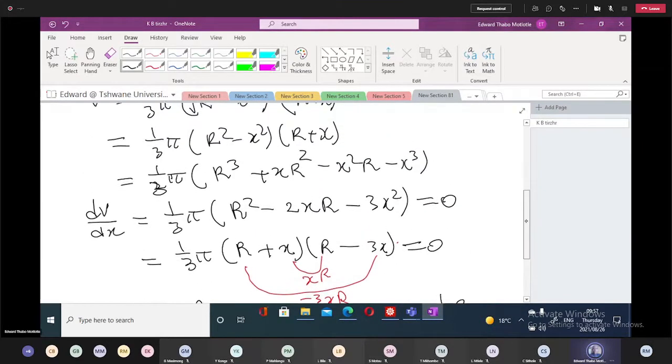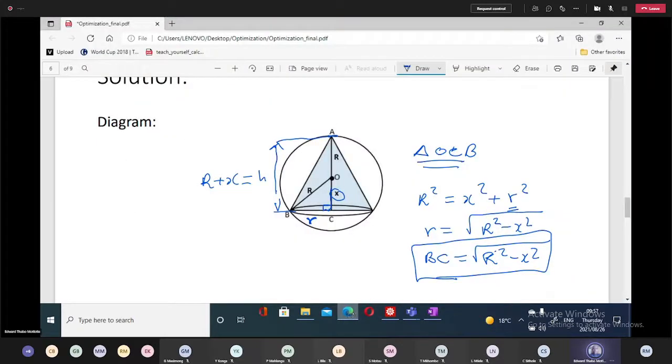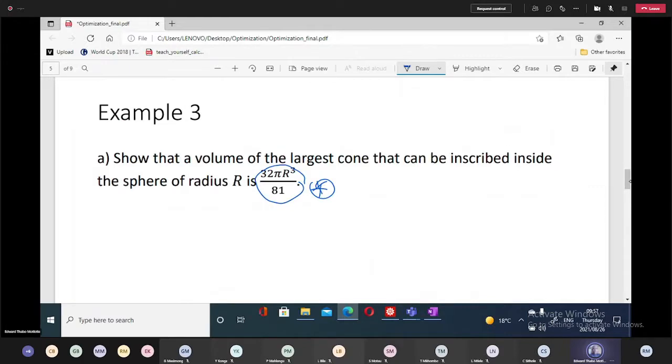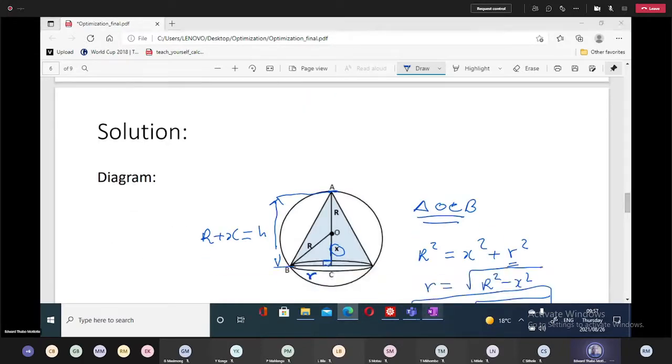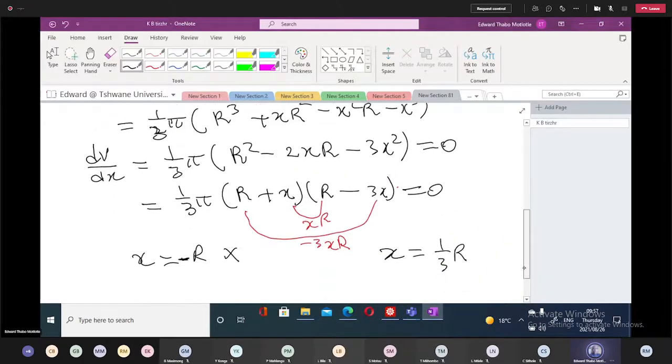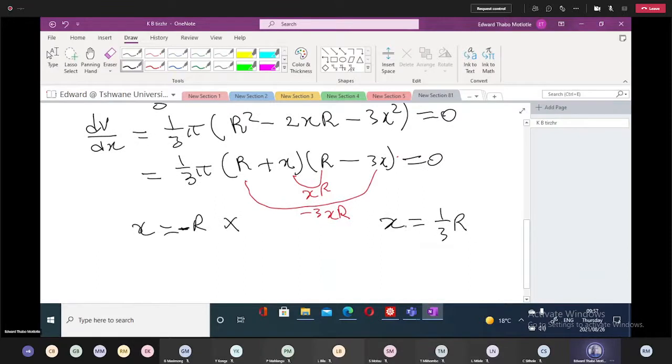Now what we need to do, are we maximizing or minimizing here? In the question, they said we must determine the largest. So you can test if this value is going to give you the biggest number. Let's just do that. We determine the second derivative.